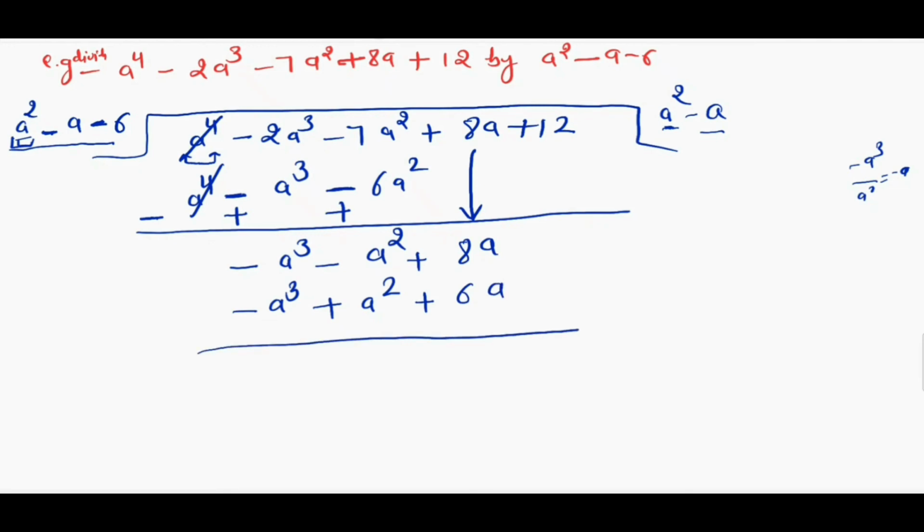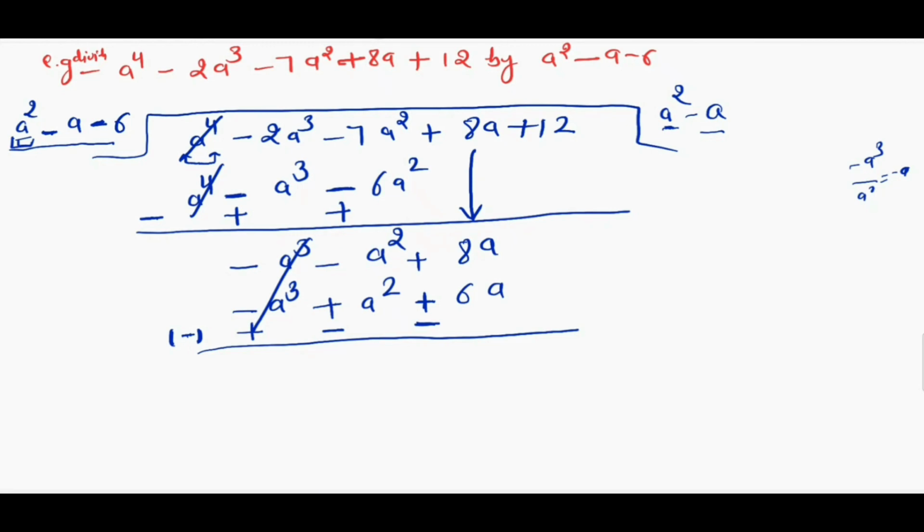After that we have to subtract everything. So here subtract. If I put negative sign here, this negative and this is also negative, I will get plus sign. This is negative, this is plus, I will get negative sign. This is negative, this is positive, I will get negative sign here. Now this a cube and this negative a cube will get cancelled.